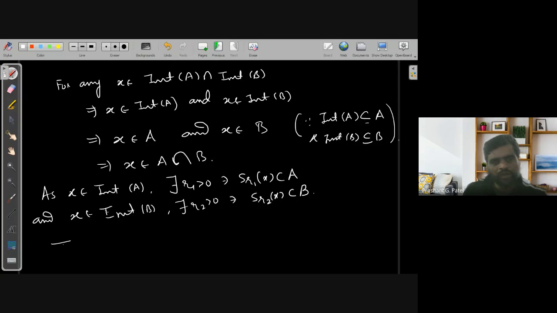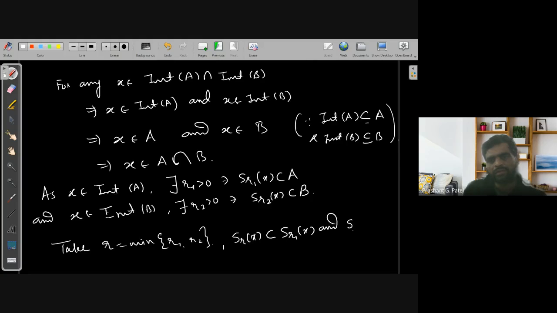We'll take whichever value is the minimum of R1 and R2. So take R to be the minimum of R1, R2. If this is the minimum, we can say that S_R of x is a subset of S_R1 of x and S_R of x is a subset of S_R2 of x.